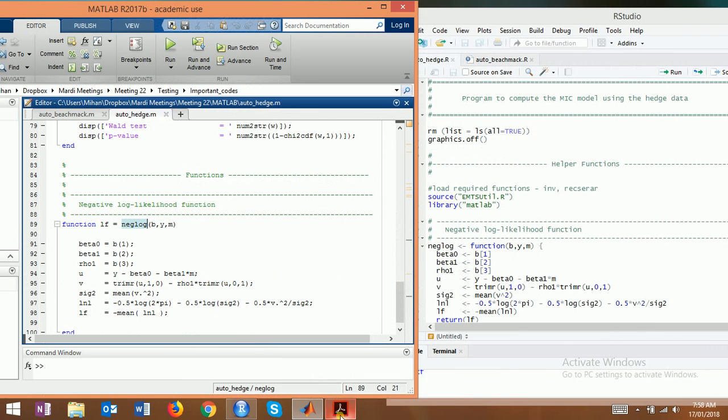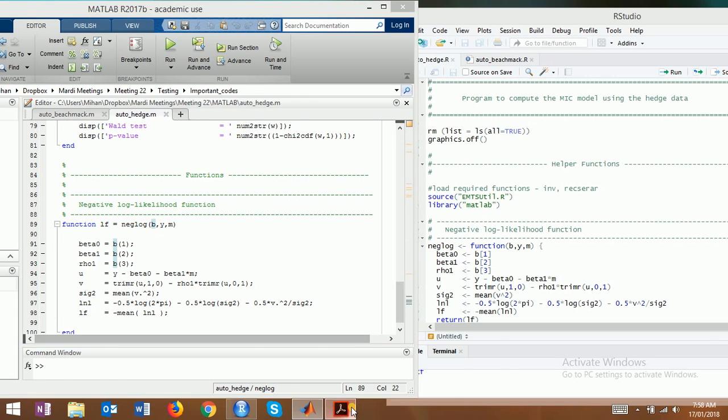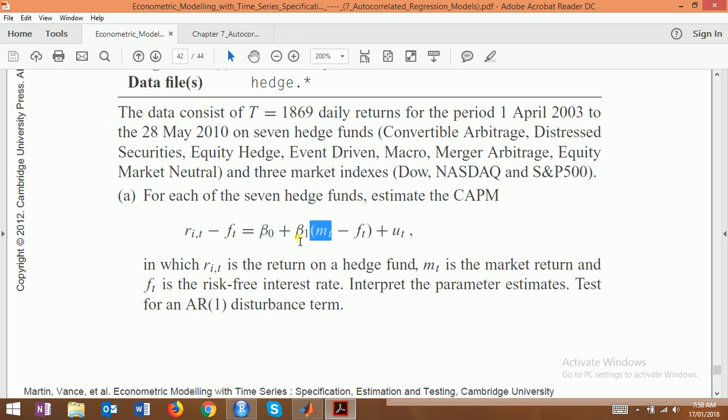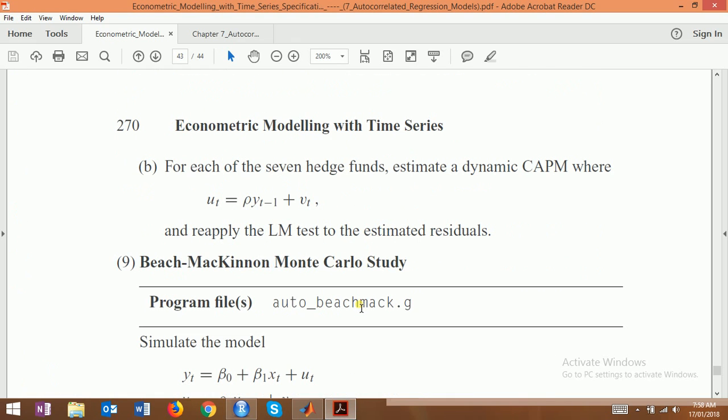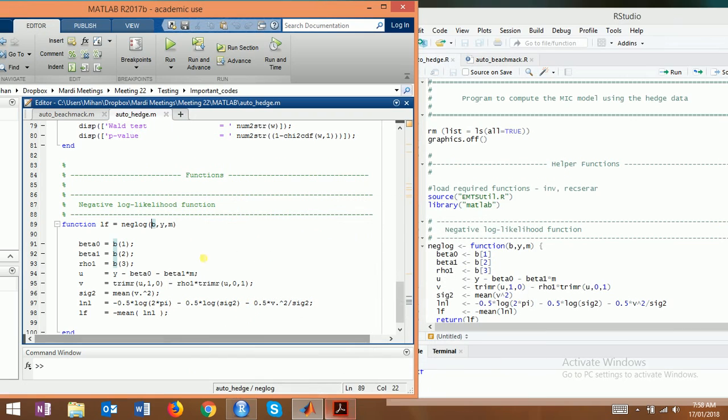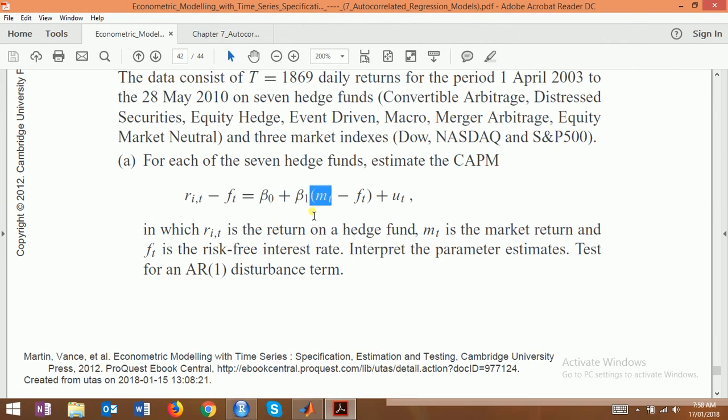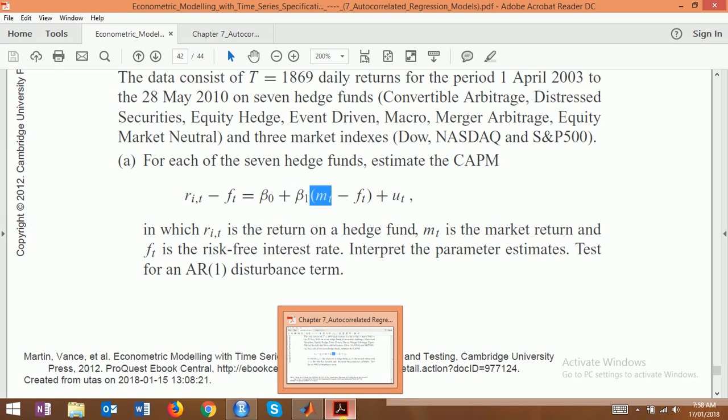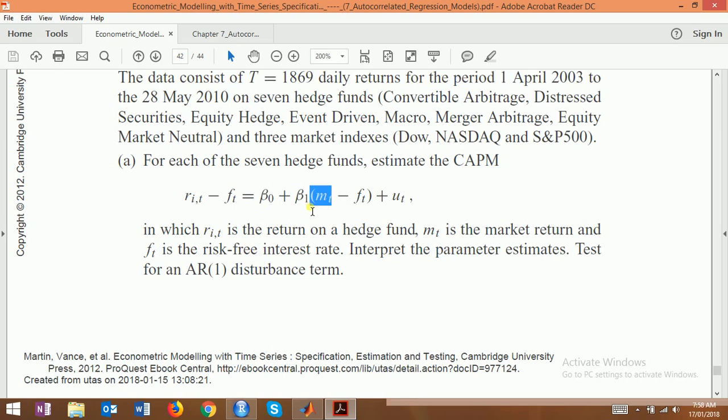Beta parameters, we are going to find beta naught, beta 1, and the correlation coefficient rho 1, all in theta parameters. u equals y minus beta naught minus beta 1 into m.